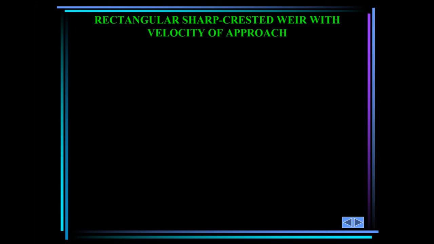Now, rectangular sharp-crested weir with velocity of approach. If you see in the derivation, we neglected the velocity of approach when applying the energy equation. That will also introduce some error in the determination of the discharge, but it will simplify the computation.